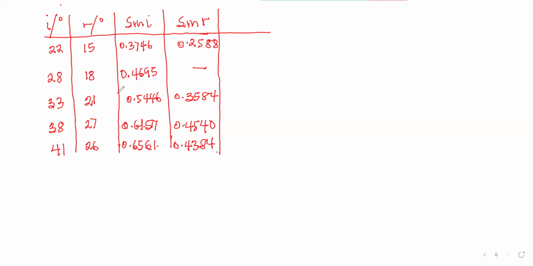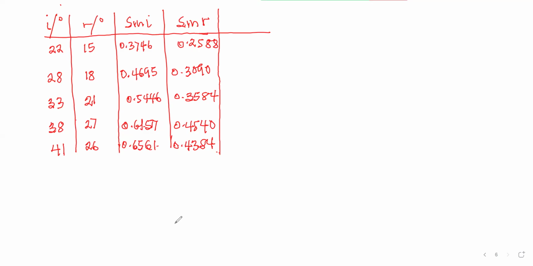And sine 18: 0.3090. Okay. Because the difference is not so big, the inconsistency is not showing in sine I, because of the values. But sine R is showing it.